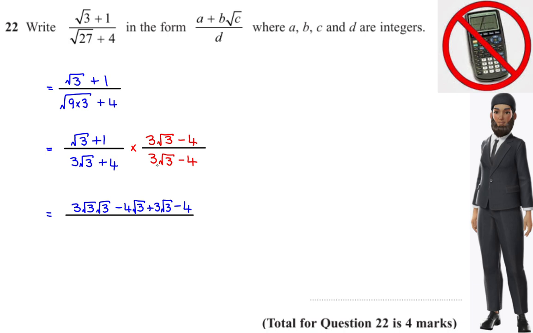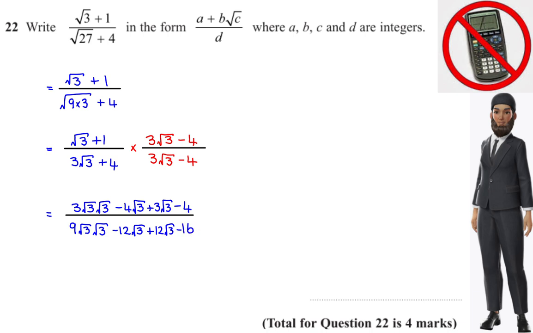In the denominator, you get 3 times 3, which is 9, times root 3 multiplied by root 3. And then you get minus 4 times this term, so you get minus 12 root 3. Then you get plus 12 root 3. And then a minus and a plus gives you a minus. And 4 times 4 is 16.